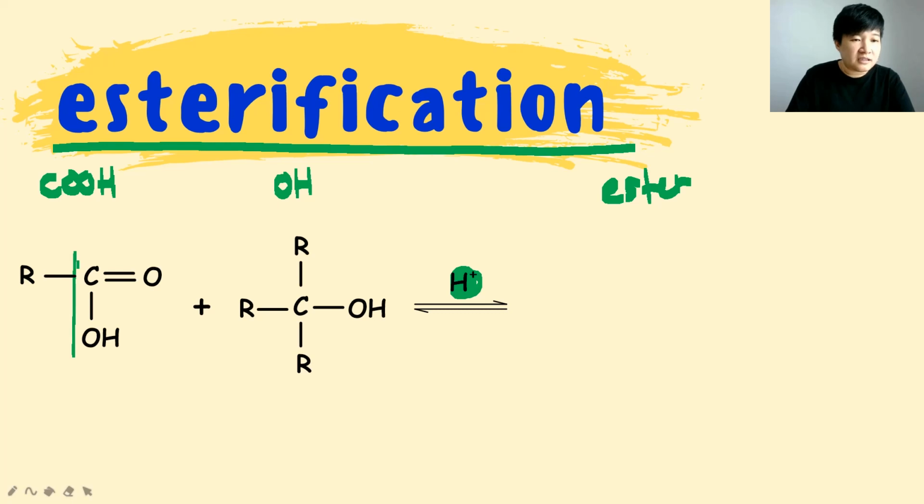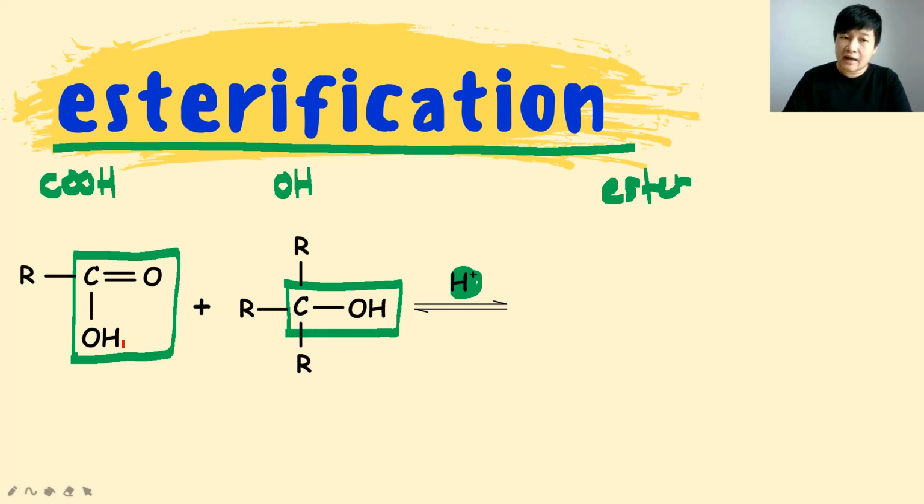Focus on the COOH. Focus on the carbon that is holding the OH. In your COOH, we will remove OH. In your alcohol, we will remove the hydrogen that is attached to the OH. So this is the group that we remove, and this is the group that we remove.